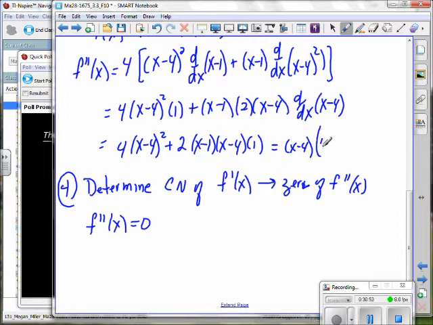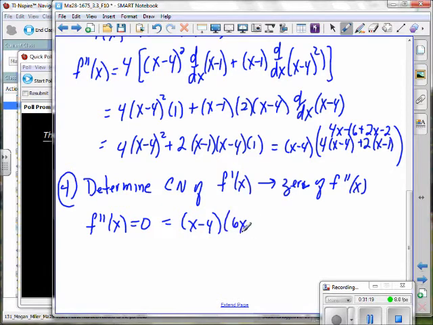So that leaves me with 4 times x minus 4 plus 2 times x minus 1. Or in other words, x minus 4 is that first factor. And then this is 4x minus 16 plus 2x minus 2. What is that? 6x minus 18.